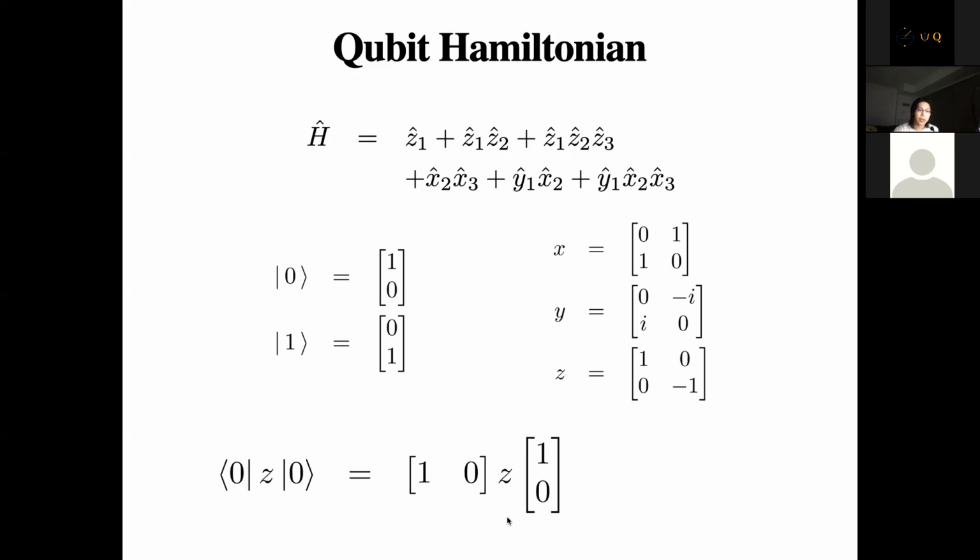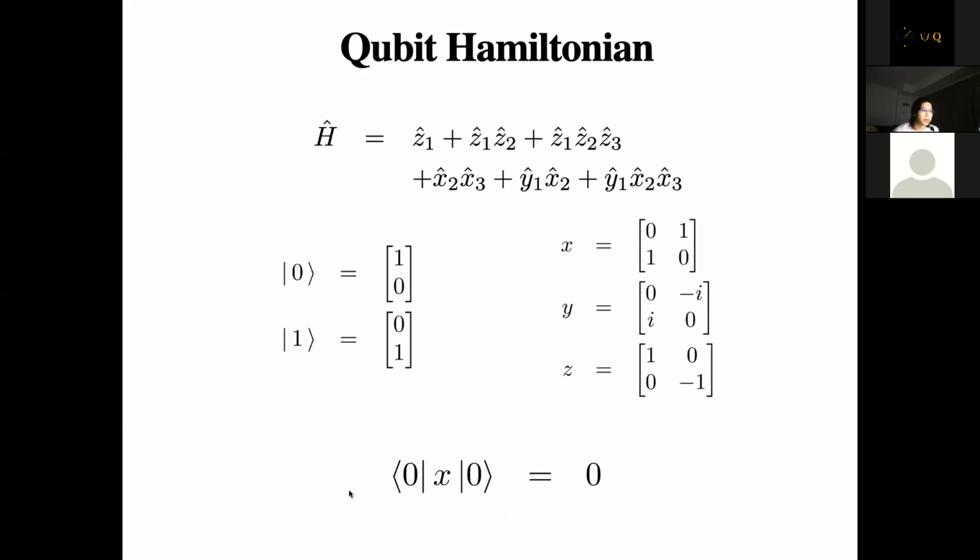If we measure Z with the 0 state, in vector form, this is just picking out the top left element of your Z operator, and that would be 1 in this case. What if we use the same state to measure X? You look at the top left element of X and 0. So these are all definite measurements.